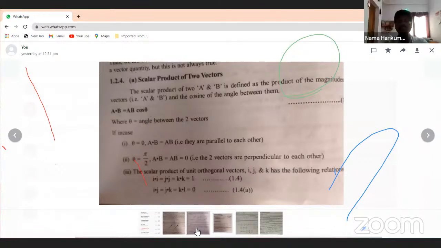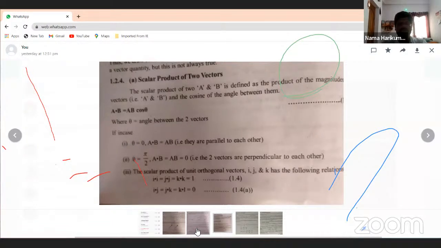So next, I cross j equal to k. Second one, j cross k equal to I. Third one, k cross I equal to j.